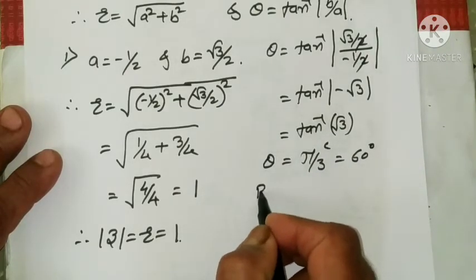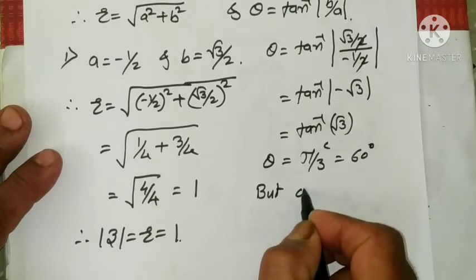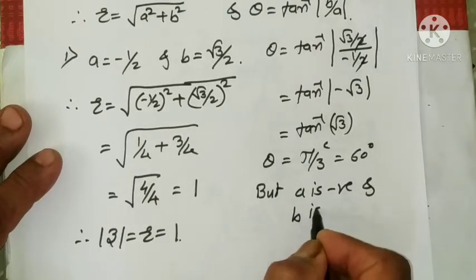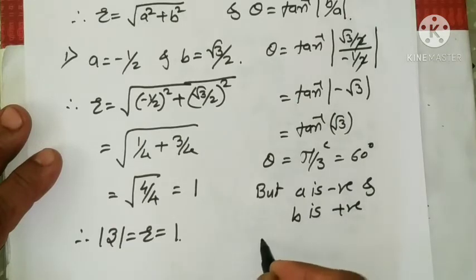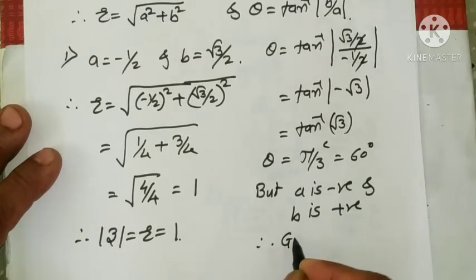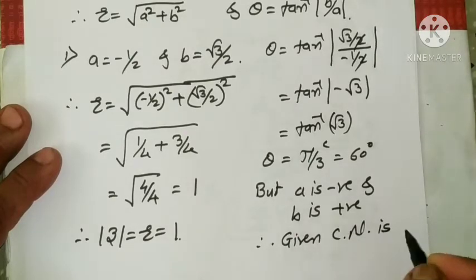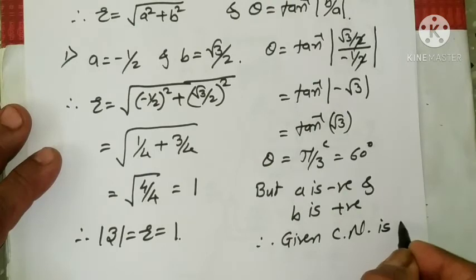But a is negative and b is positive. Therefore, given complex number is in the second quadrant.